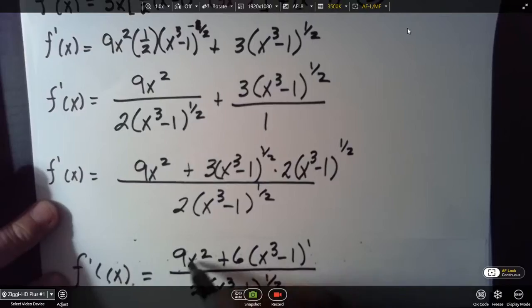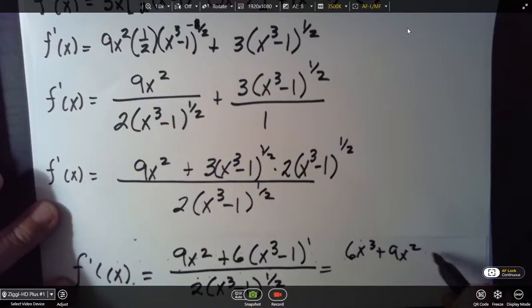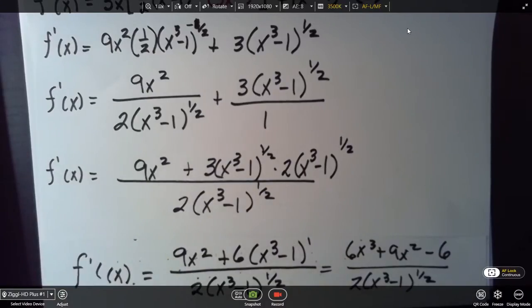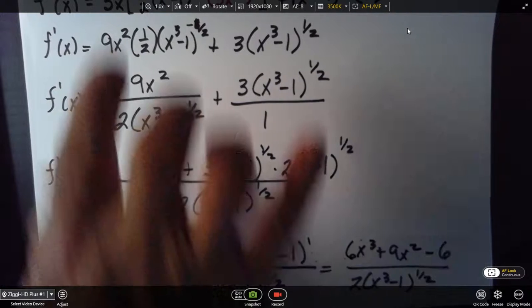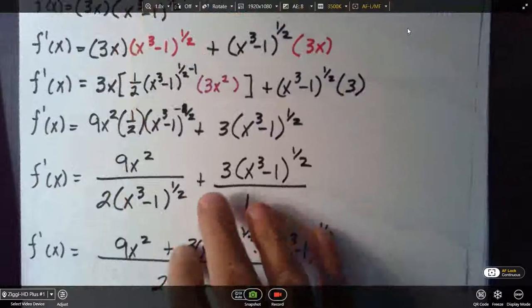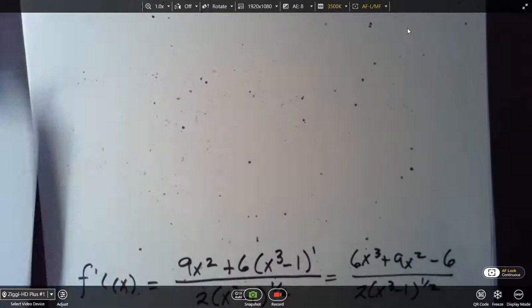It's going to be 6x cubed plus 9x squared minus 6 over 2 times (x cubed minus 1) to the 1/2, something like that. Okay? And that would be the derivative of 3x times the square root of x cubed minus 1. That's using the product rule and the chain rule.